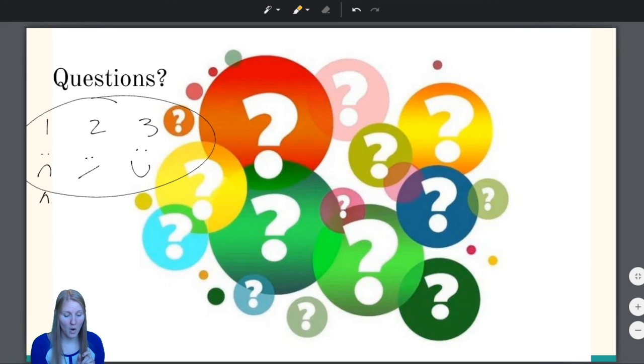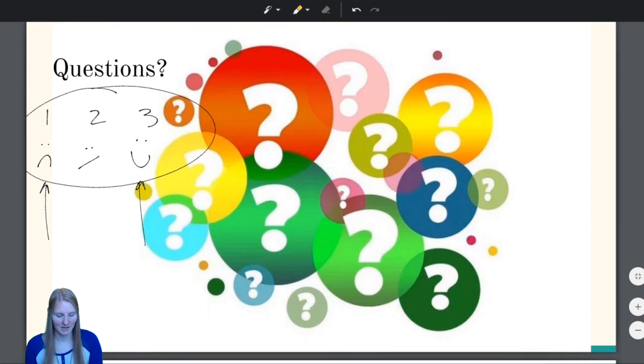And if you're a 1, reach out to your teacher, ask some questions, talk to a friend, talk to your parents, something like that. And if you're a 3, reach out to some of your other friends, or tell your parents about what you've learned. Yes, awesome. Cool. Thank you for assessing your learning.